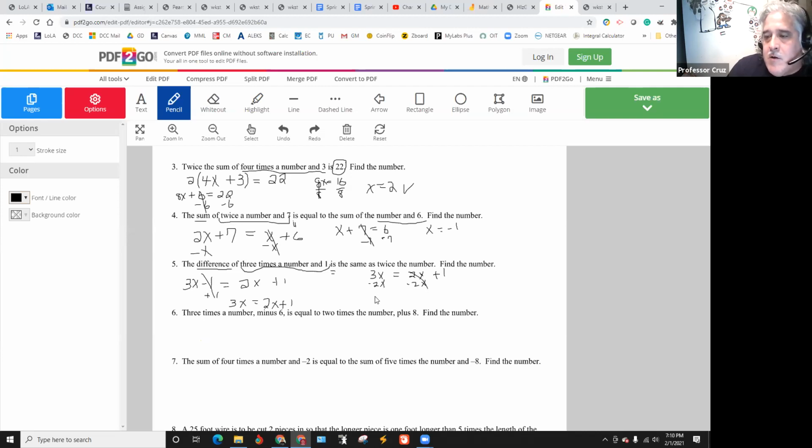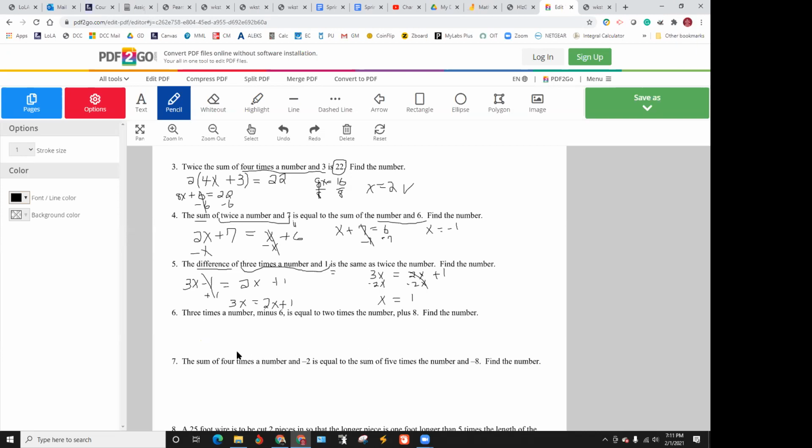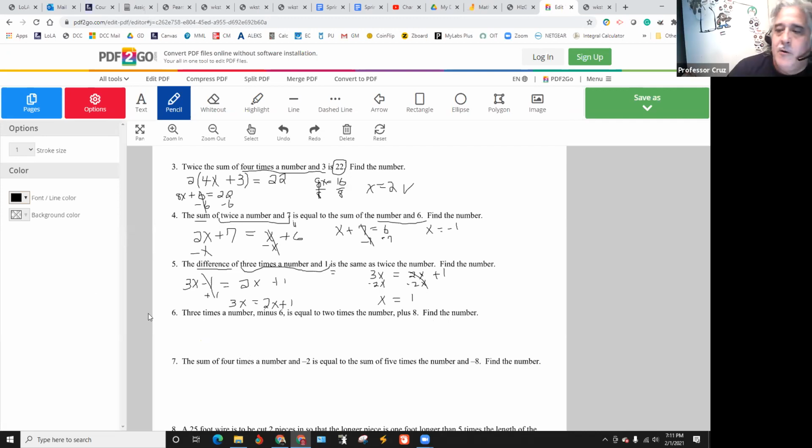So these are gone, and we have x is equal to 1. And you can see that works because 3 times 1, take away 1 is 2. And 2 times 1 is also 2.